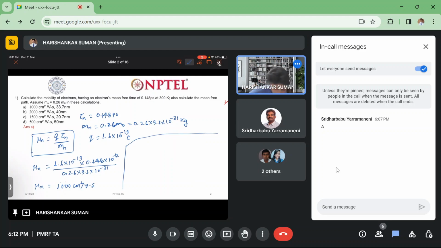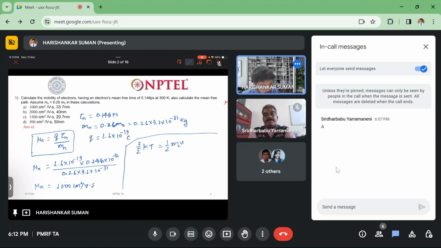We have to also find the mean free path. So 3 by 2 kT equal to, we have to apply this formula. Please get the value at room temperature.